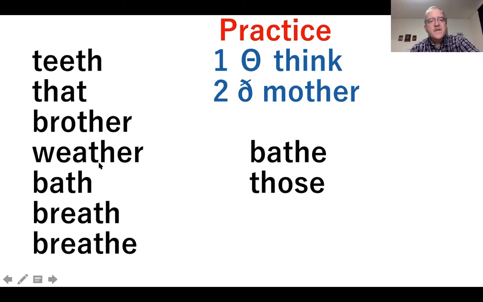Brother. Weather, in the middle. So it takes the voice. Bath, it's at the end, no voice. Breath, at the end, no voice. Breathe. Okay, if you add an E to this word at the end, the E makes it voice. Breathe. And again, bathe. It's got voice. And those. This is one of the 9 words you memorize that has a voice sound at the beginning.